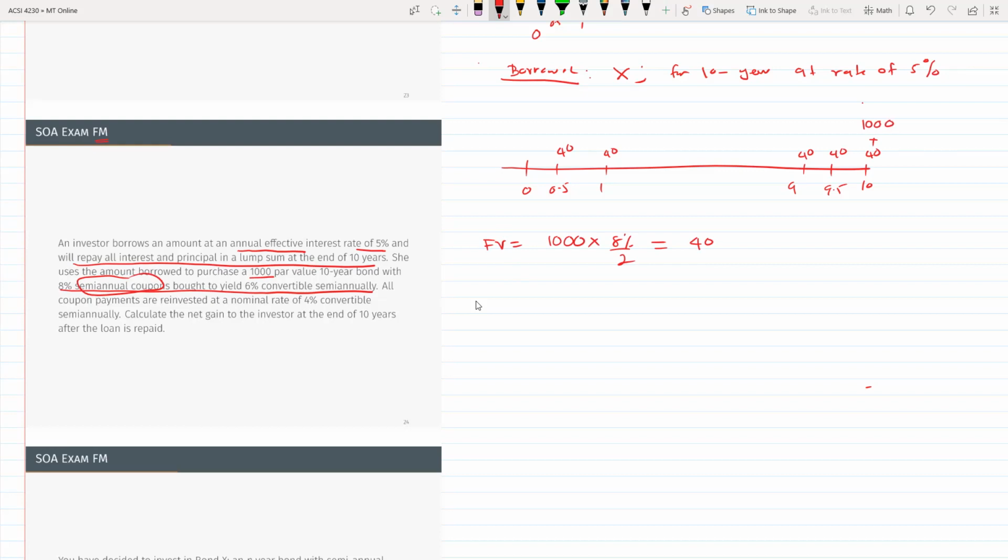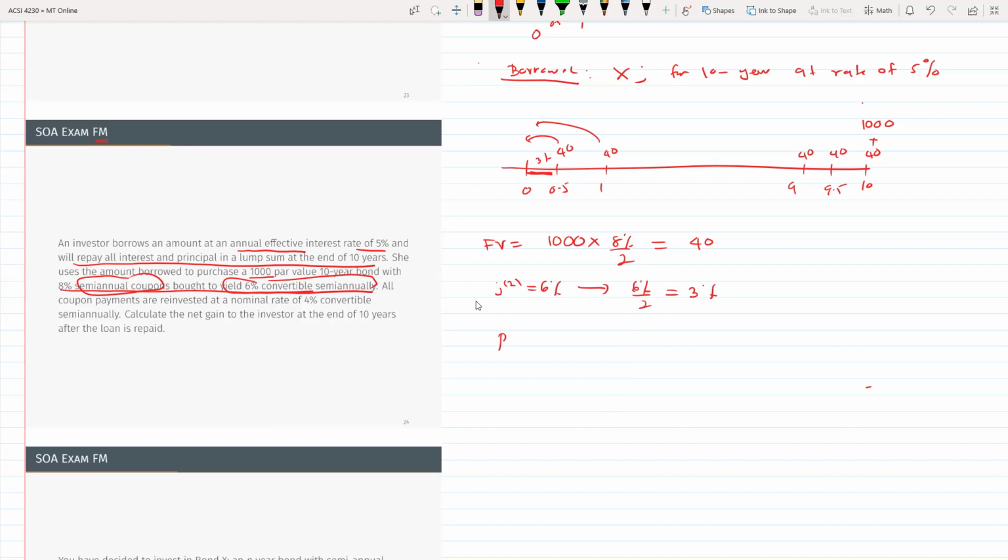So now, the rate we should use to discount is what? 6%. Again, this one is nominal. Okay, so j2 is 6%. So that means per 6 months, it's going to be 6% divided by 2, which is 3%. Okay, so now we can discount all of this.